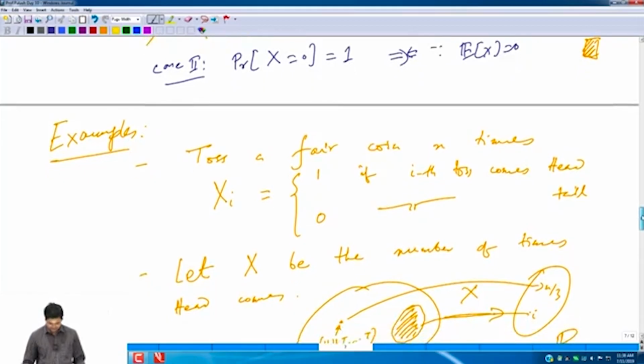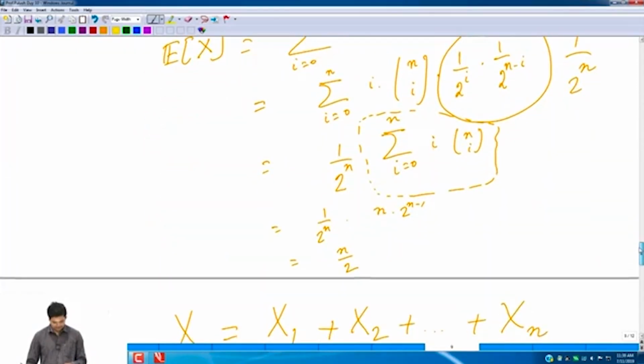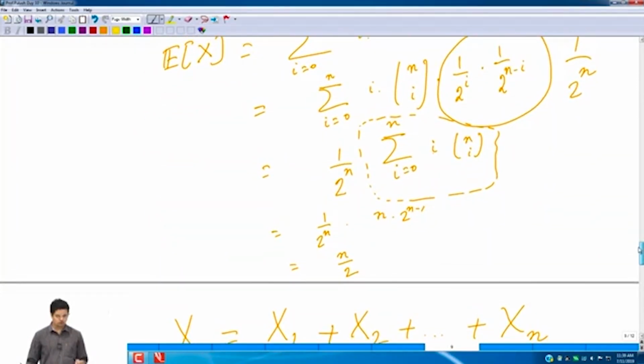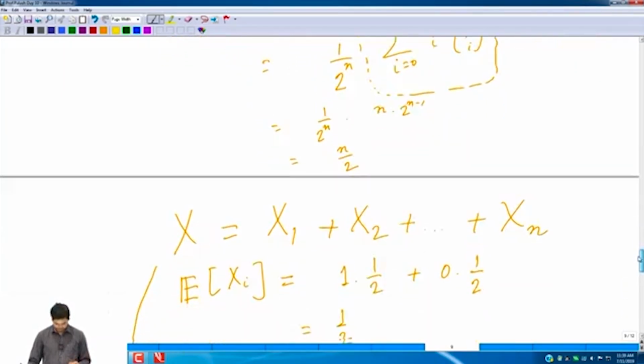Okay, now we can apply this theorem to our case, that x can take non-negative values, but we have calculated expectation of x and it is n by 2, it is not 0, and it takes non-negative values.